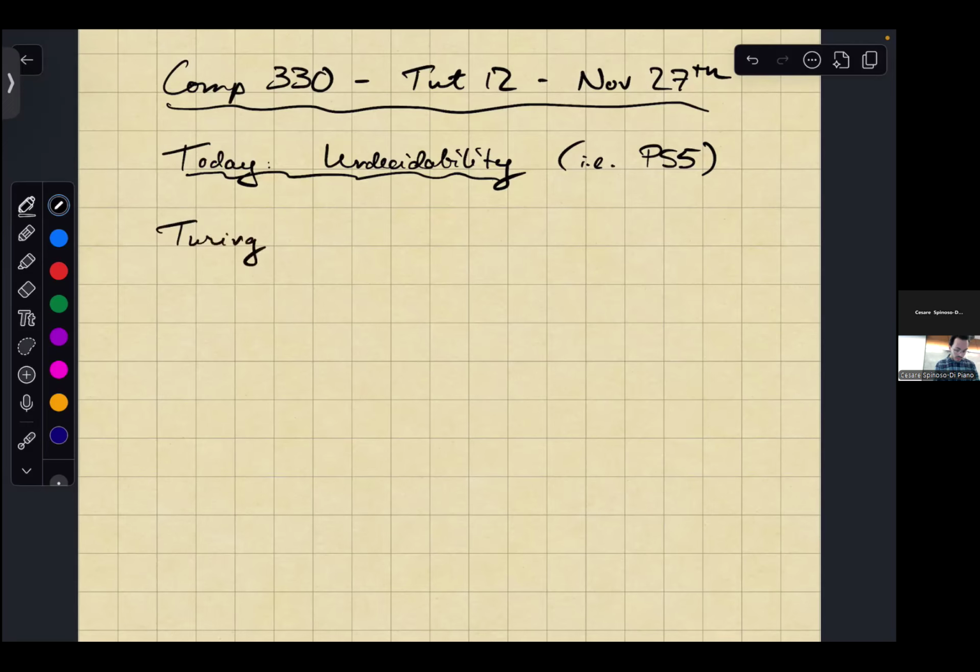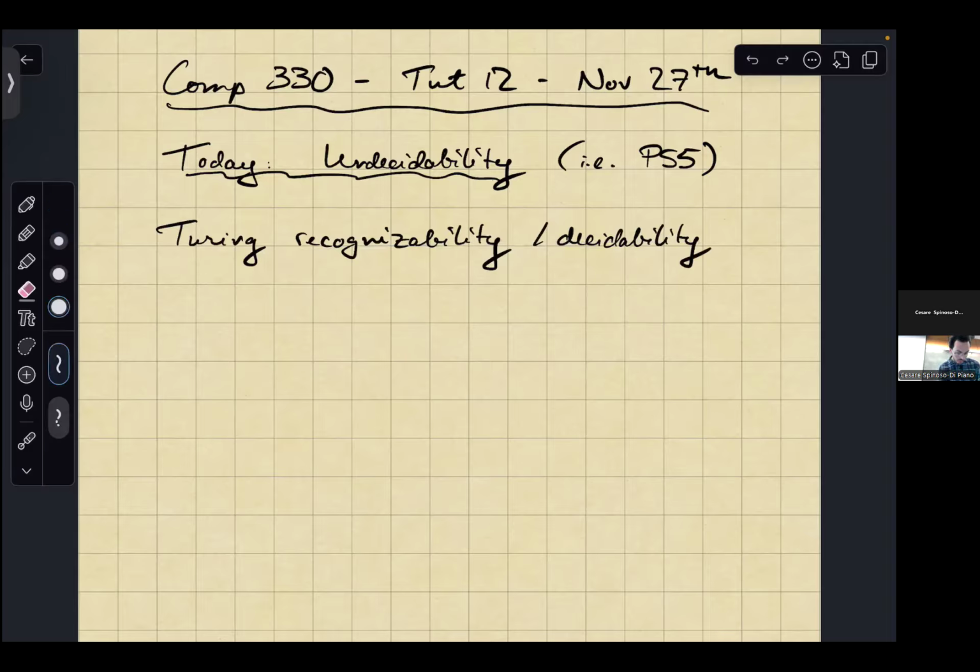So the first thing that I want to talk about is maybe just a reminder of some concepts that you've already seen, but under slightly different names. There are two very important concepts that have taken up most of your time in the last few weeks in Comp 30, which is the topics of Turing recognizability and decidability.